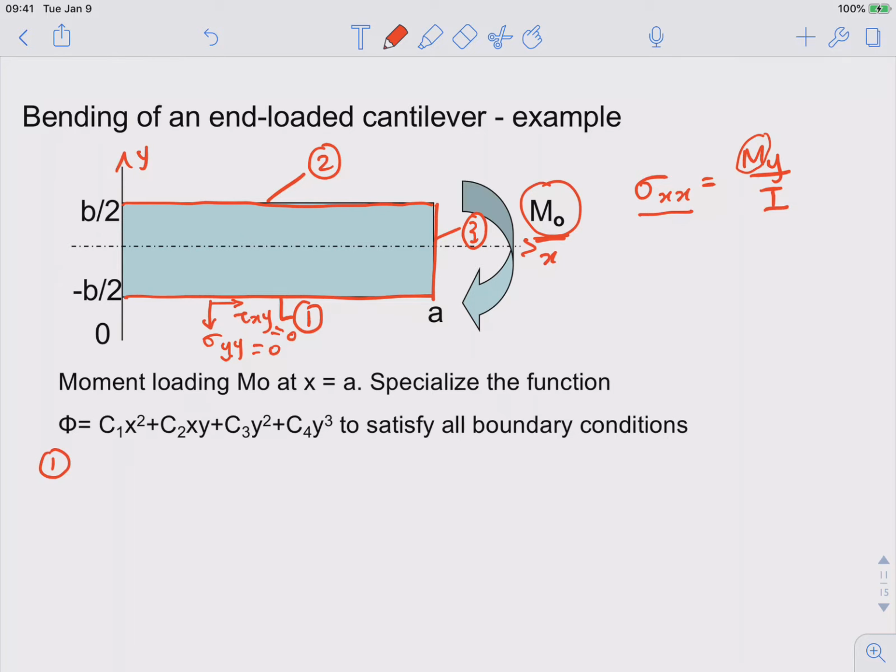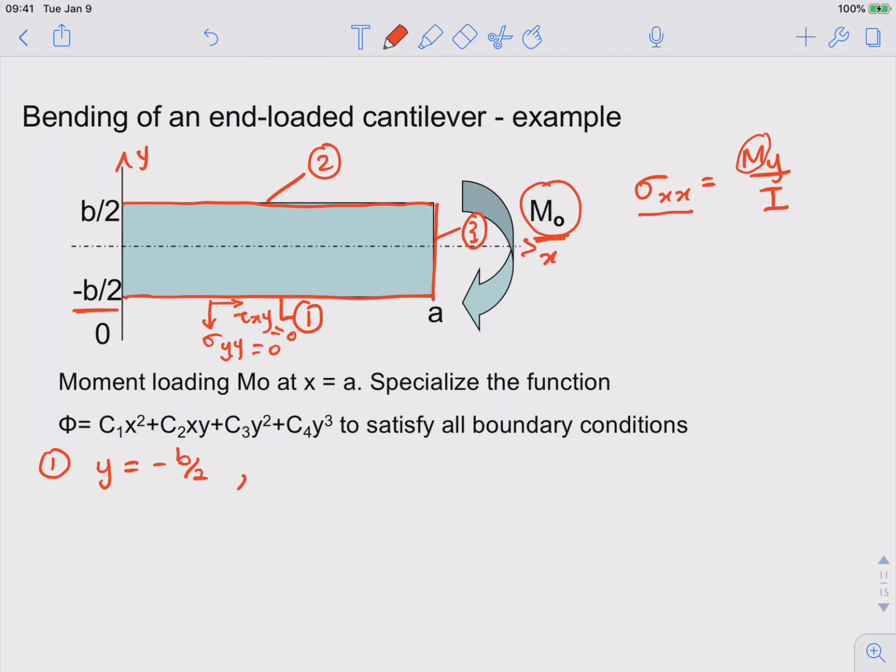So when I look at surface 1, let's write down what the stresses are. What is surface 1 first of all? Surface 1 is the bottom surface, so y is equal to minus b over 2.